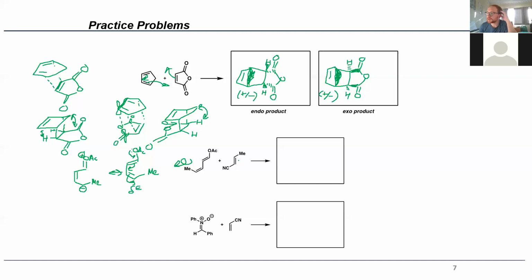We think about that resonance structure here in the dienophile, which gives us this, which tells us that the delta positive end of the dienophile is here. And so we're going to want to match delta negative to delta positive for the reaction.